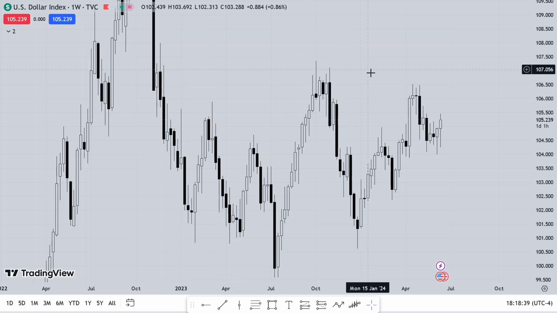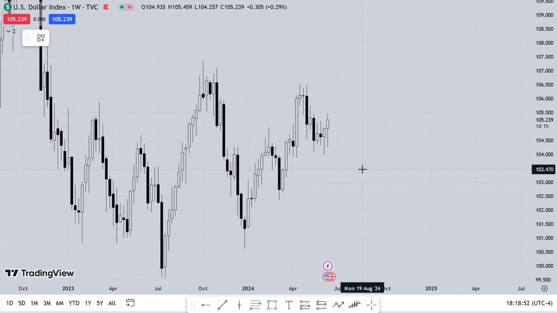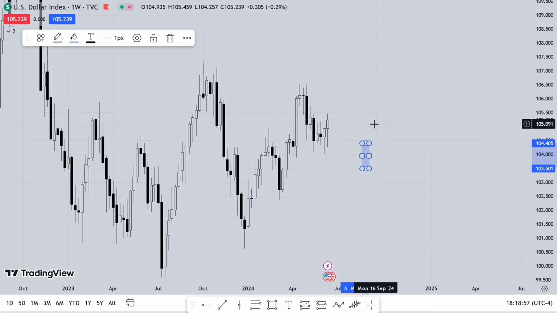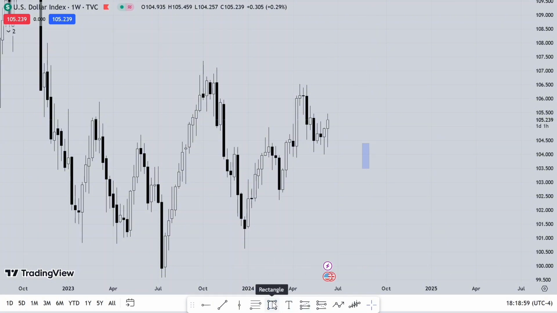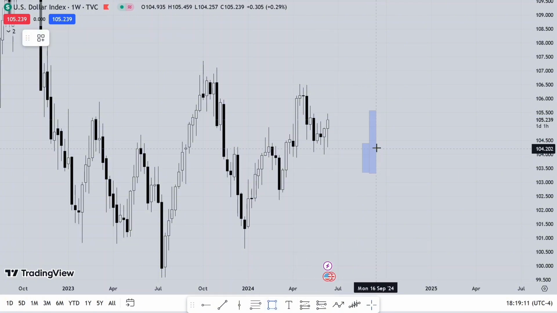So a swing point consists of three candles. A swing point for a swing high consists of three candles: this candle here, a higher candle, and then another lower candle at its side.